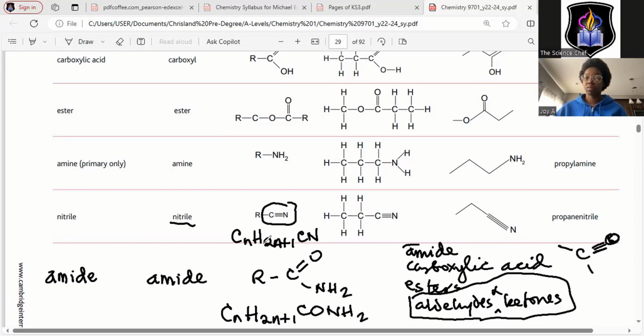Are you together? Yes, sir. Because their functional group is strictly carbonyl, right? While these other ones have additional things added to their carbonyl group. Their functional groups are not strictly carbonyl. They also have an additional group of atoms added to their functional group. That's why most people will not classify these ones as carbonyl compounds. Do you understand? Yes, sir.